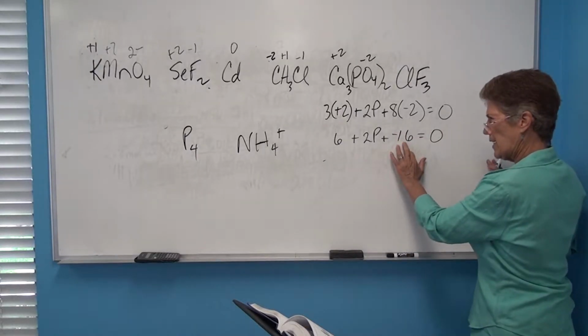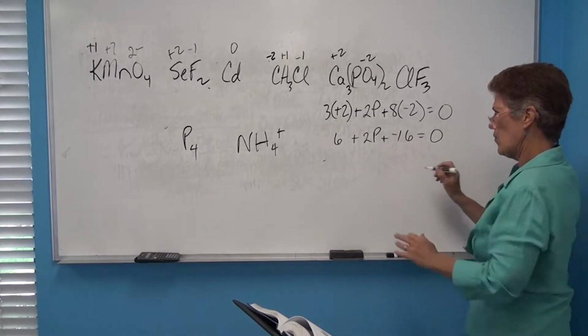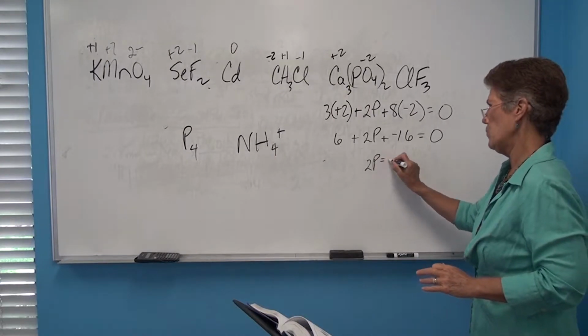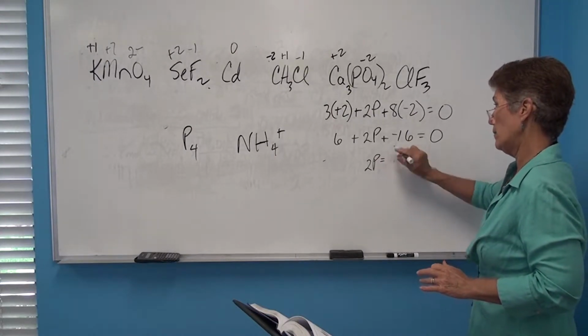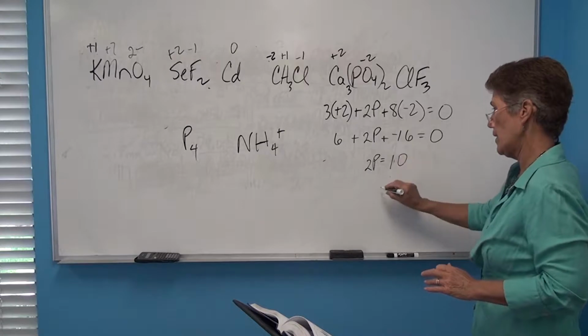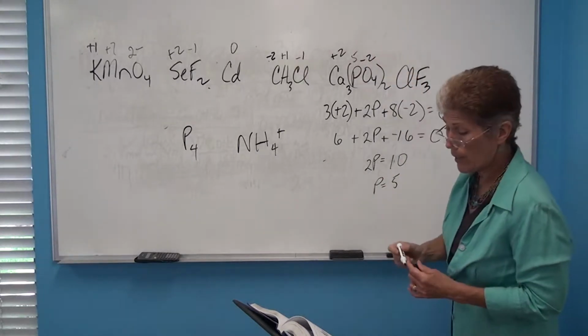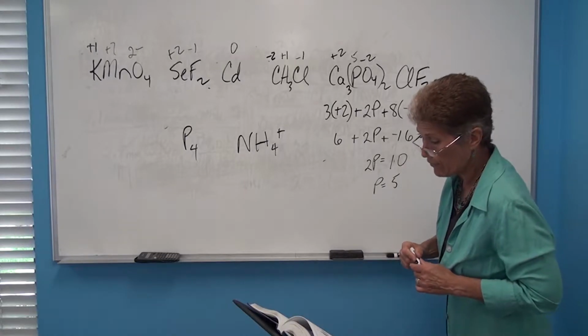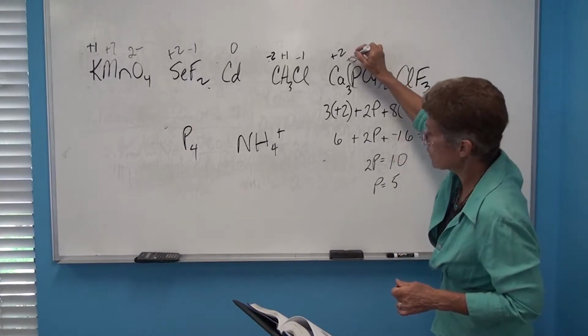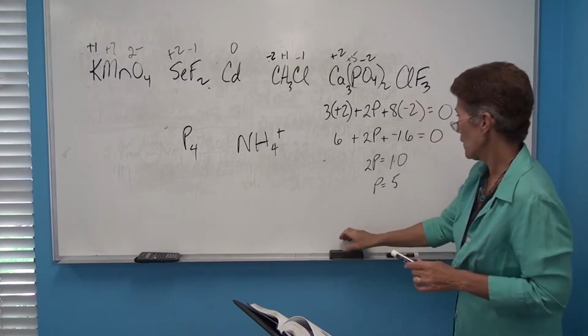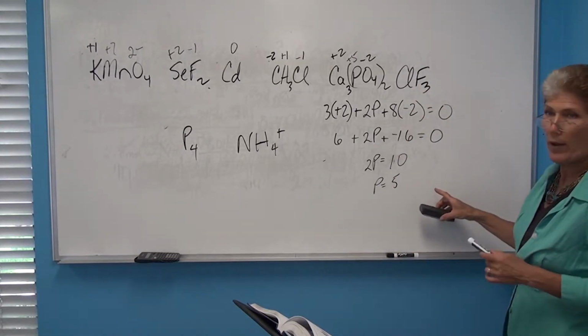So this is going to be -10, and so 2P equals 10, because we're going to flip that to the other side. P has to equal 5. So we put this up here, and P is going to equal +5. Boy, what a mess, huh?